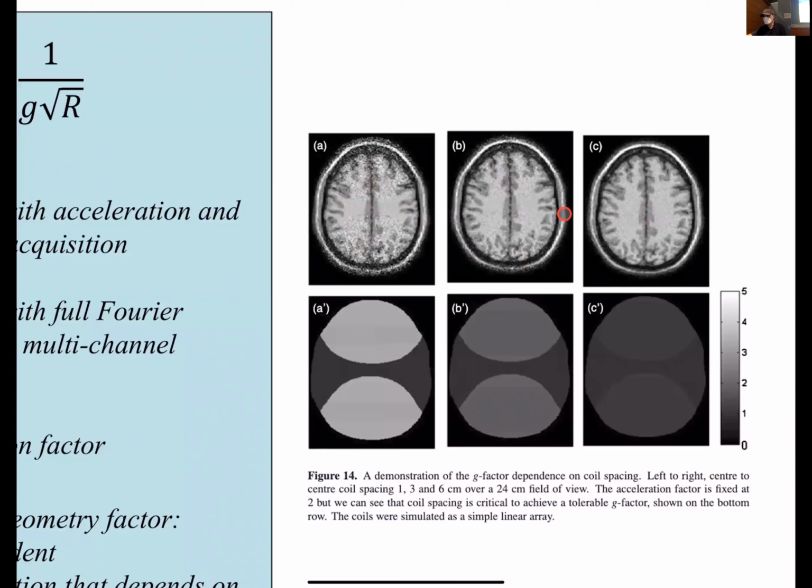This one has a lot of noise in it, and then it progressively gets better. That is represented by the G factor. In this good looking image, the G factors are very close to 1, whereas in these areas they're close to 5. There's a lot of noise amplification here.